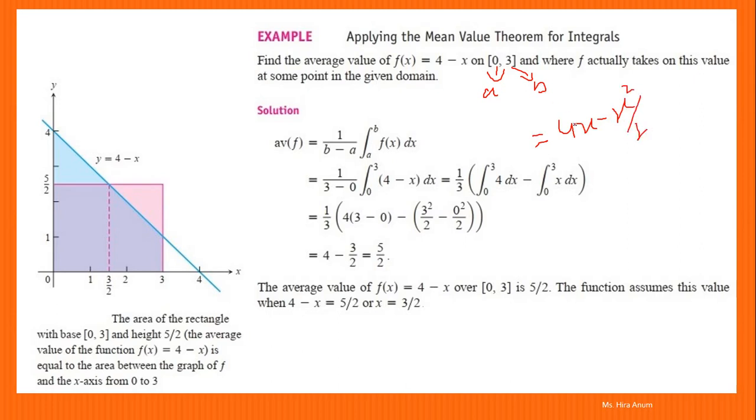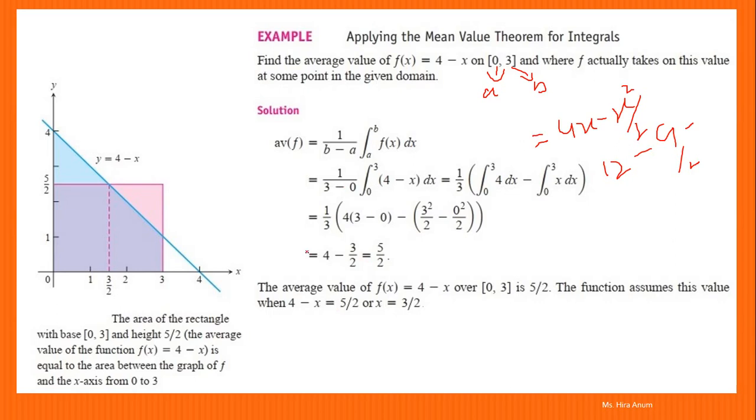Firstly put the b value, 4 multiplied by 3, it becomes 12 minus 9 over 2, minus the lower limit, which becomes 0, so it becomes only 12 minus 9 over 2, which equals 15 over 2.